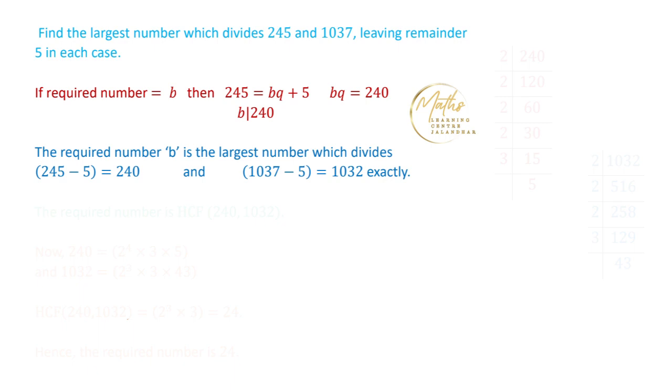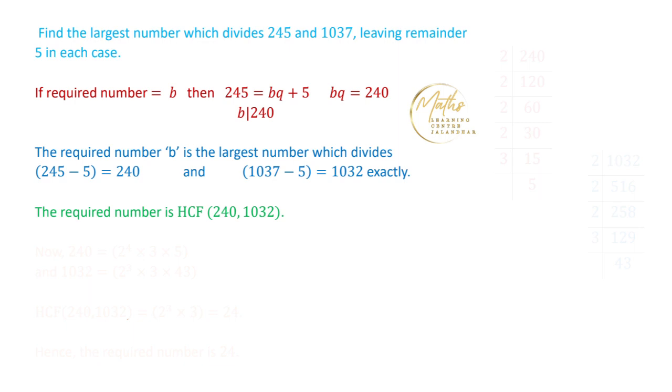So we are interested in calculating the largest number B which divides both these numbers, and this is basically the definition of the HCF. We are trying to find the largest number which is a factor of both these numbers. So the required number is basically the highest common factor of these two numbers.